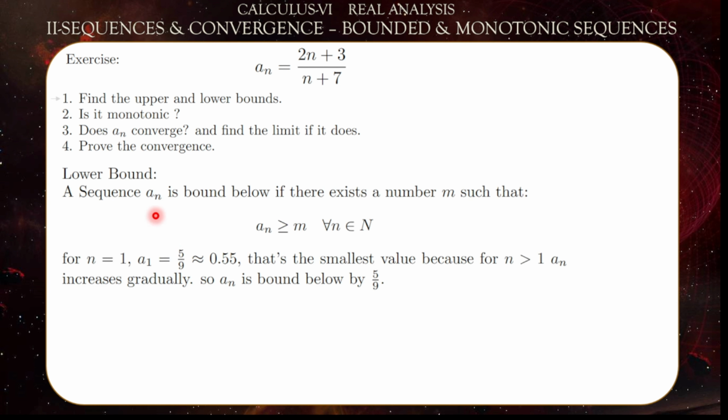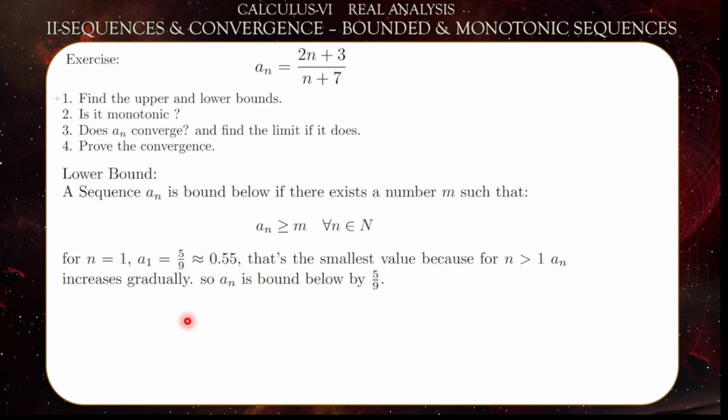Lower bound. A sequence an is bounded from below if there exists a number lowercase m such that an is greater than or equal to m for all values of n. For n equal 1, a1 is equal to 5 over 9, which is approximately 0.55. That's the smallest value that you can get because as n increases from 1, an increases gradually.